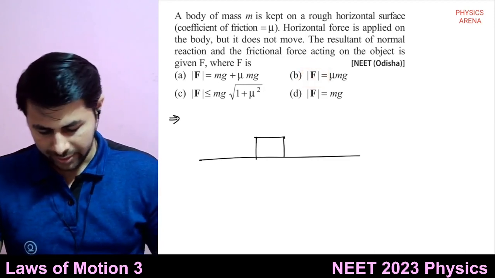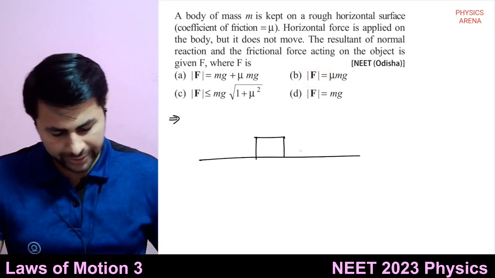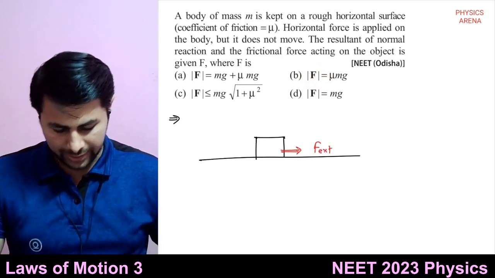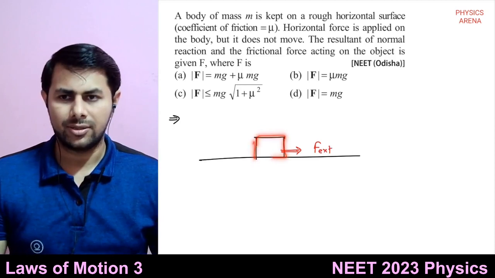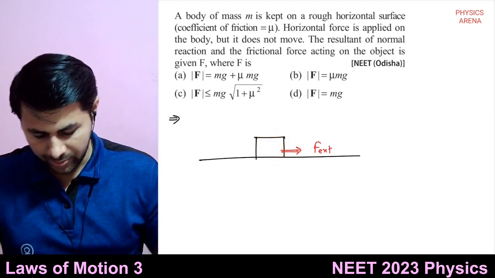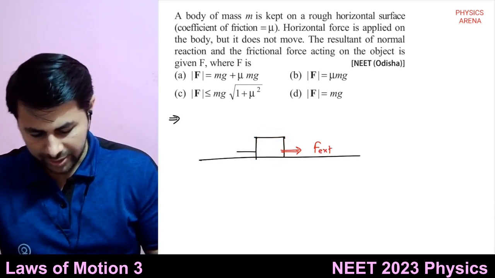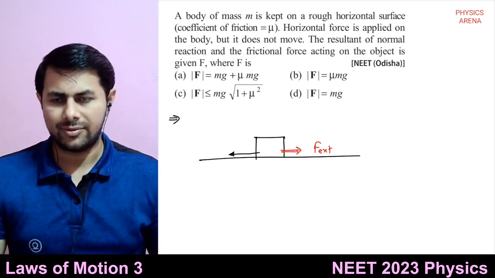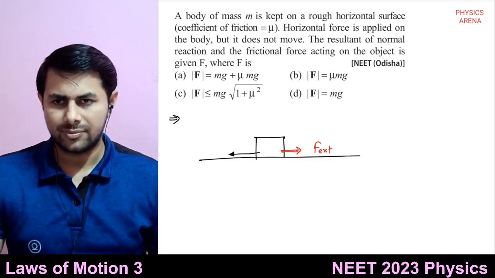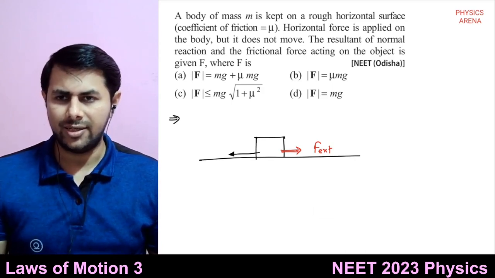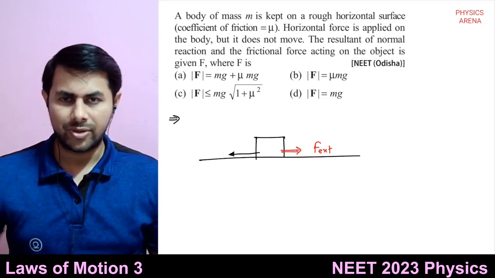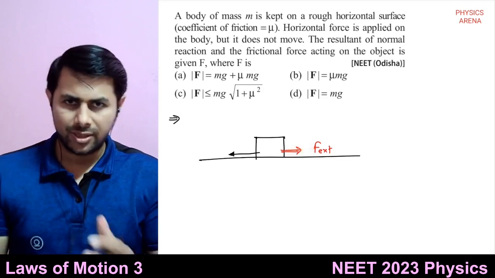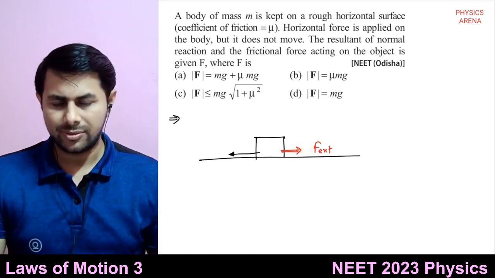All right. So now you are exerting some external force and the block is not moving. That means the frictional force in this case, will it be the limiting value of frictional force or will it be less than that? It will be slightly less, because if the external force is equal to the limiting value of frictional force, the block will begin to move.